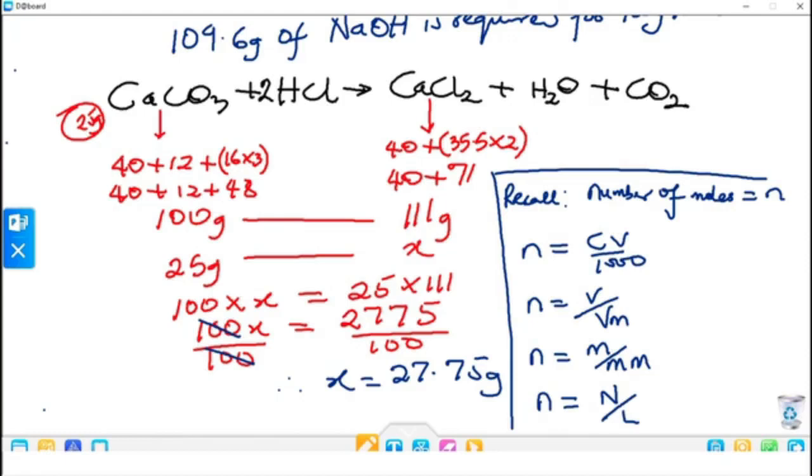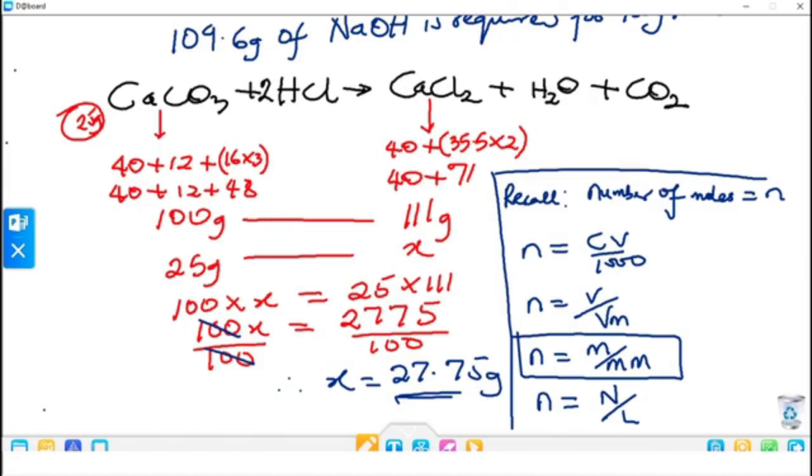Which are we going to use? We have calculated the mass of calcium chloride successfully, and they asked us to calculate the number of moles of calcium chloride. So that tells us that the third formula is most ideal, and that is what we are going to make use of.